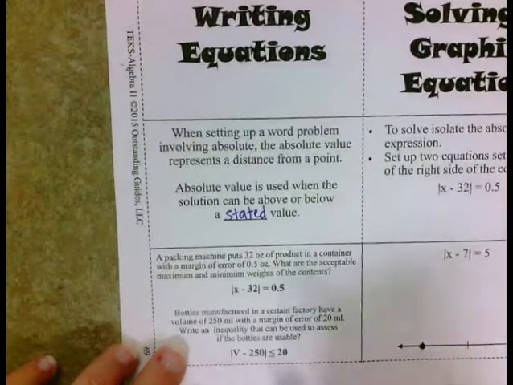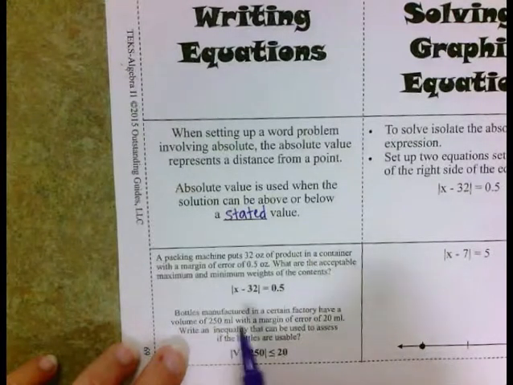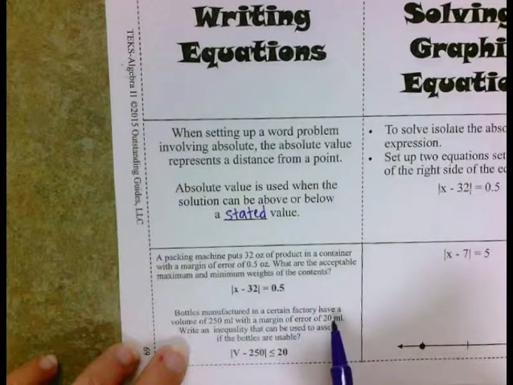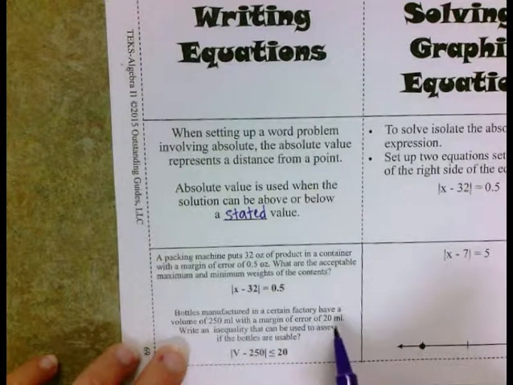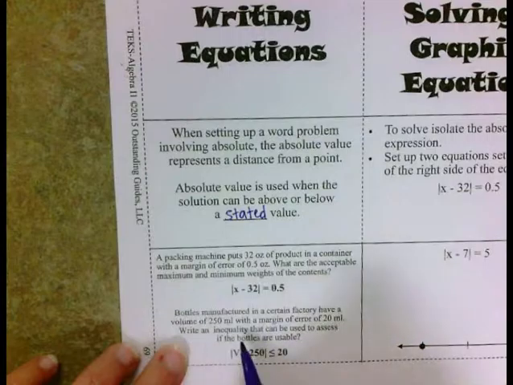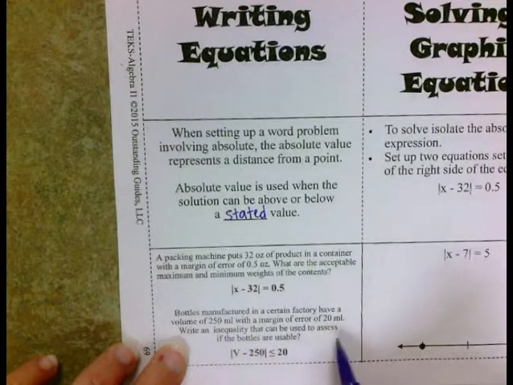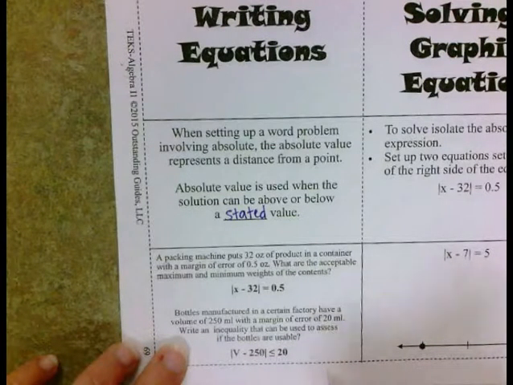Now, on this next one, the bottles manufactured in a certain factory have a volume of 250 milliliters with a margin of error of 20 milliliters. Write an inequality that can be used to assess if the bottles are usable.